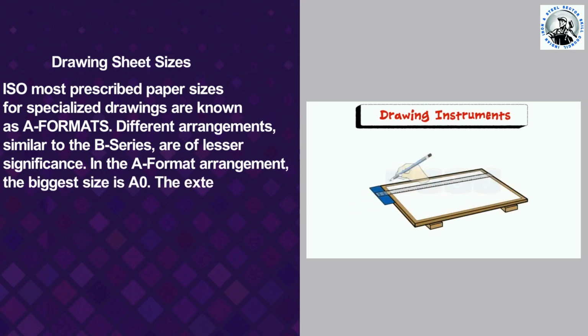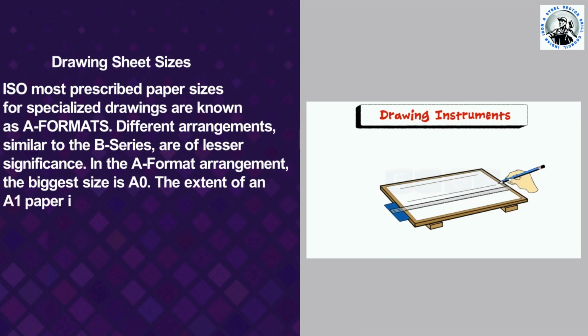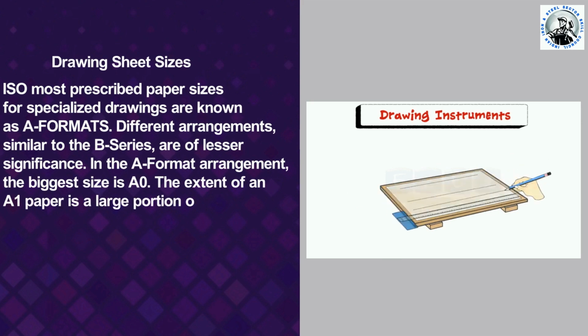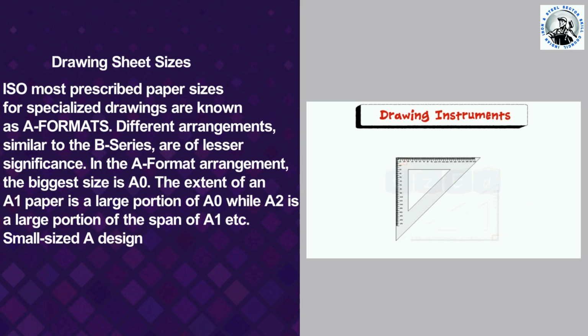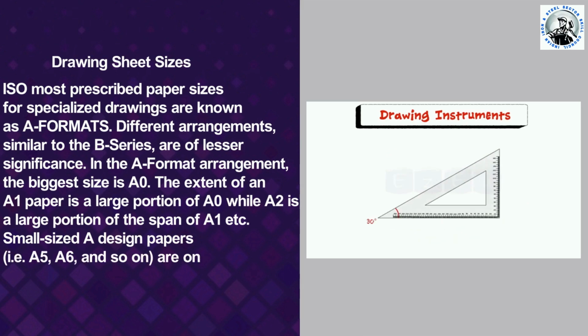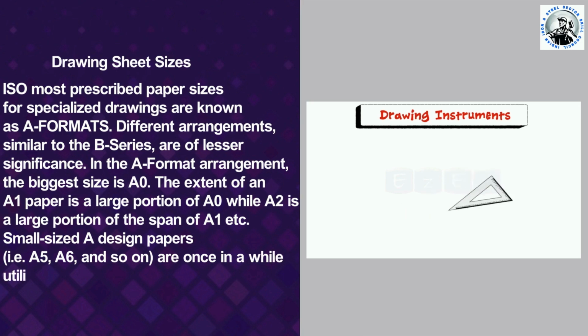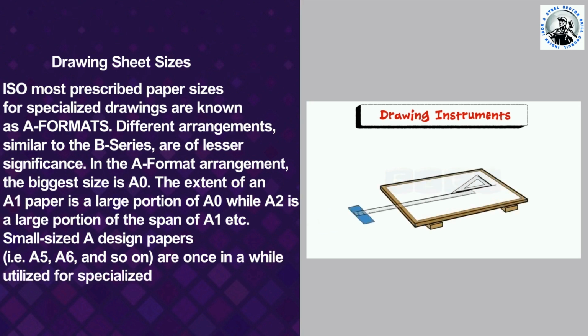The extent of an A1 paper is a large portion of A0, while A2 is a small portion of the span of A1, etc. Small sized A design papers, that is A5, A6 and so on, are once in a while used for specialized drawings.